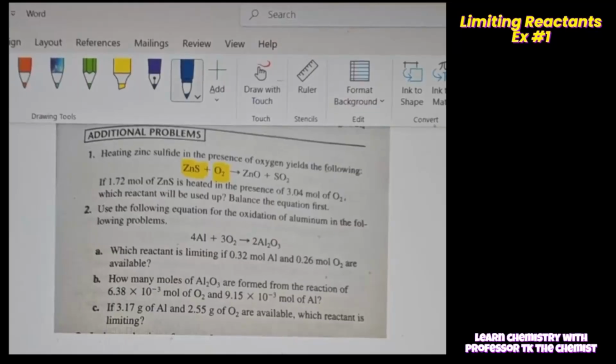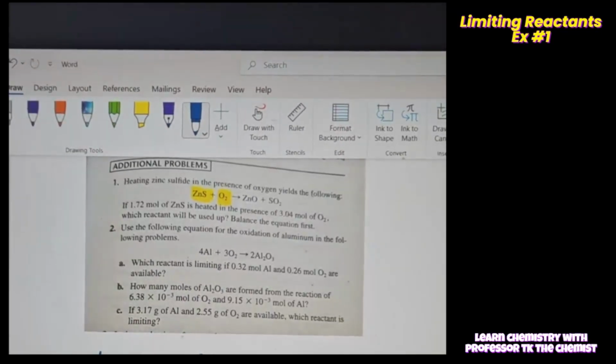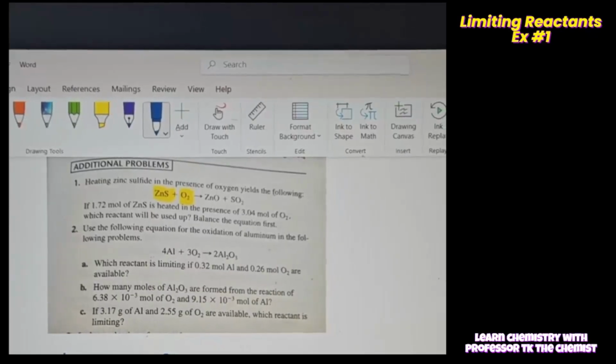We took a look at this problem on Monday, for those of you that were with us, and we discovered that in this problem, it is not balanced. That's rule number one. Before you do a reactant problem, make sure that it is properly balanced, because you're not going to get the right results if it isn't.